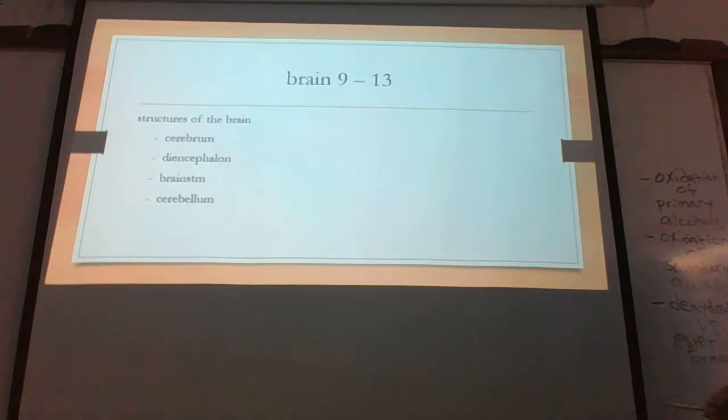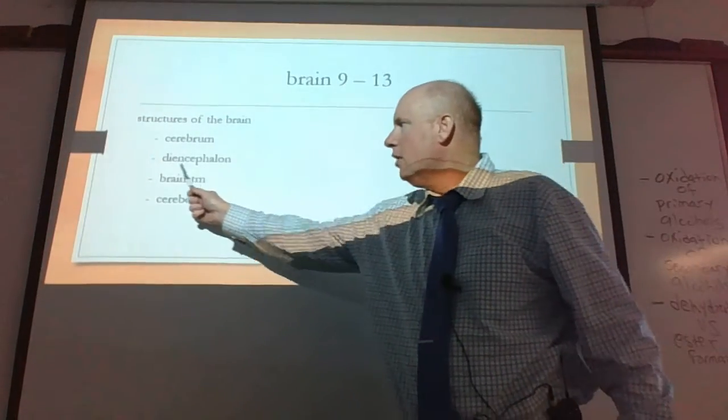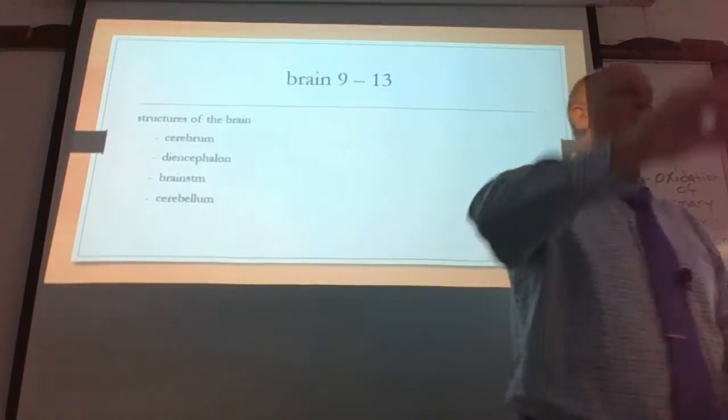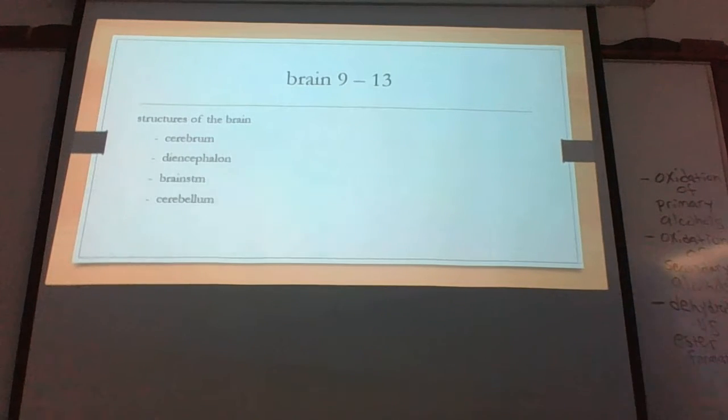I see I'm missing an E here. The brain stem actually has 3 parts to it. Okay? A medulla on the bottom, a midbrain in the middle, and a pons on top. Okay? Medulla oblongata is on the bottom.